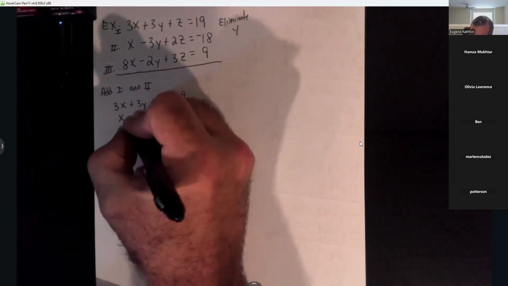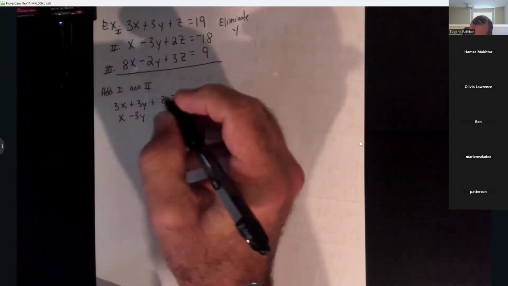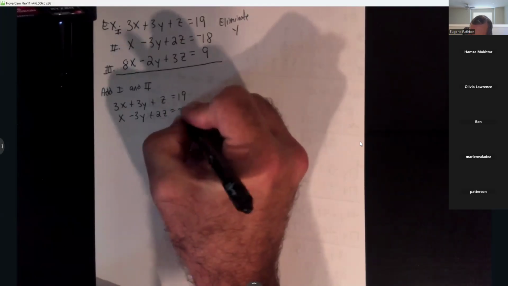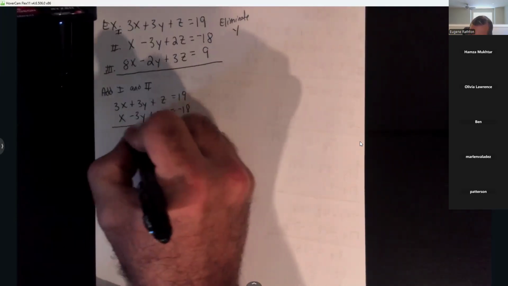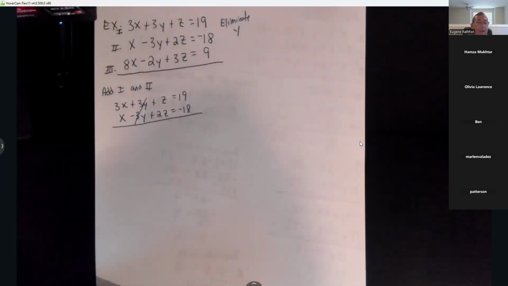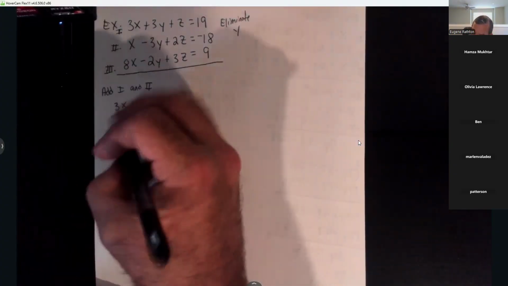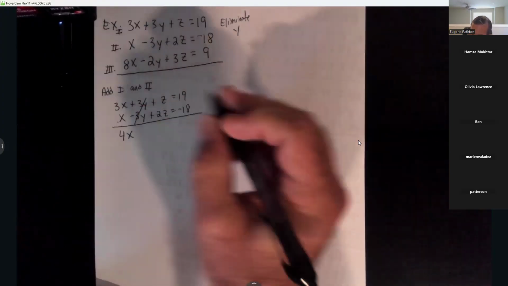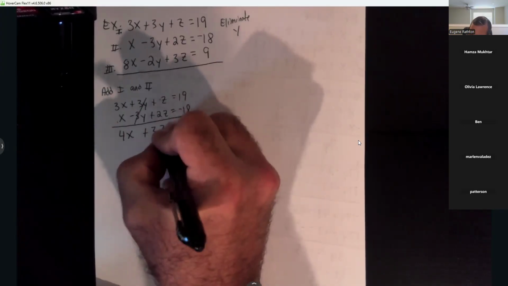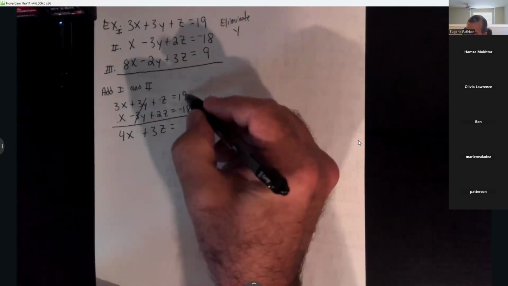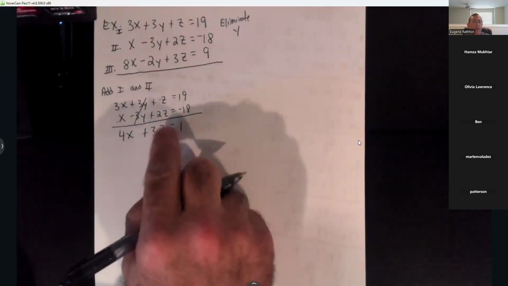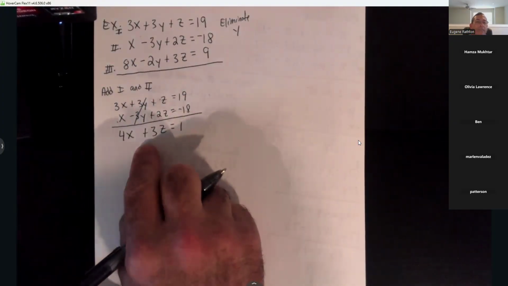This one was x minus 3y plus 2z equals negative 18. All right, y'all, but that's good. The y's are going to cancel right there. So 3 and 1 gave me 4x. 1 and 2 gave me 3z. And then 19 minus 18 is 1. So we got one equation.